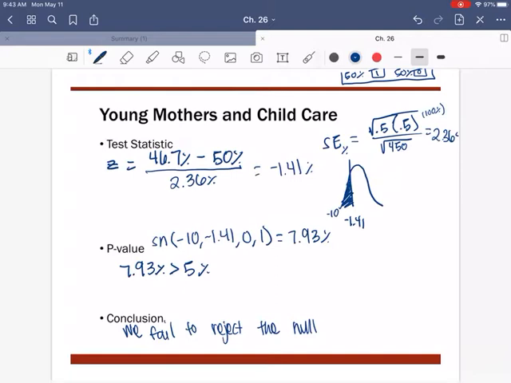Or in other words, we accept the null. Statisticians just don't like accepting things because they don't like being held accountable for anything. So we fail to reject the null.